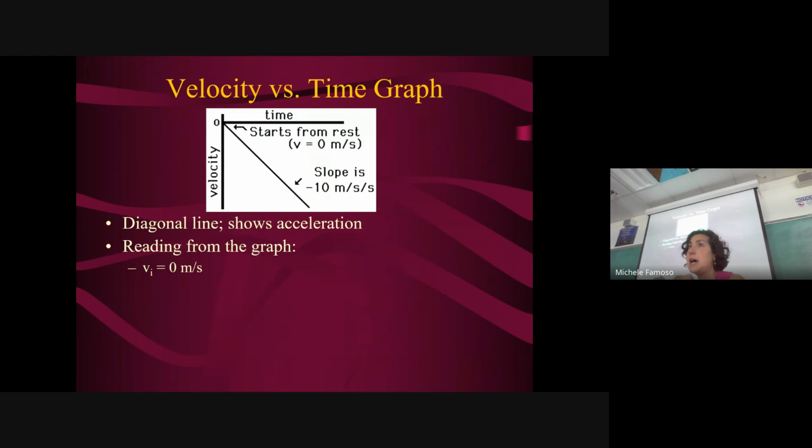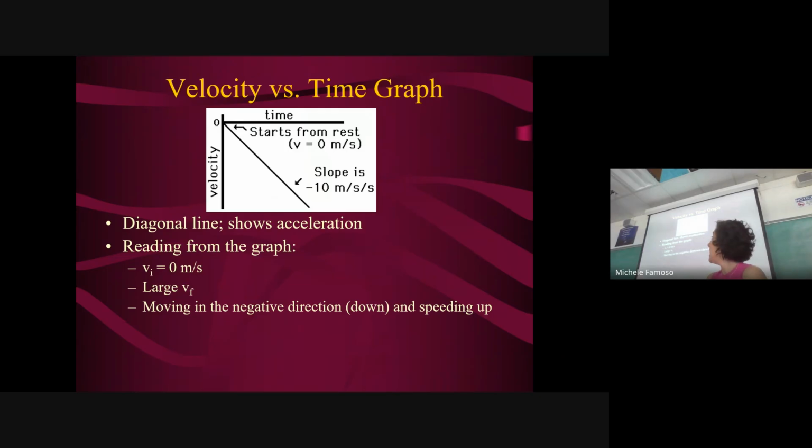That's my initial velocity. I have to start off at the origin for something that's dropped because that's a 0 meter per second velocity. Notice that when I end the graph here, I end up with a pretty big negative number. The big number tells me I have a large final velocity. I was going fast when I got to the ground.